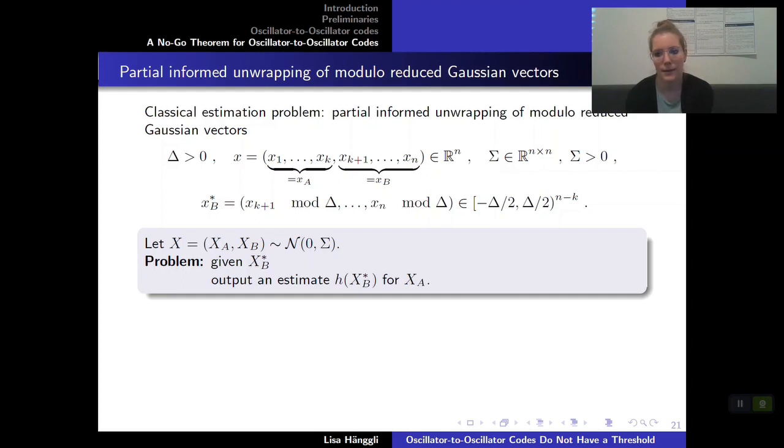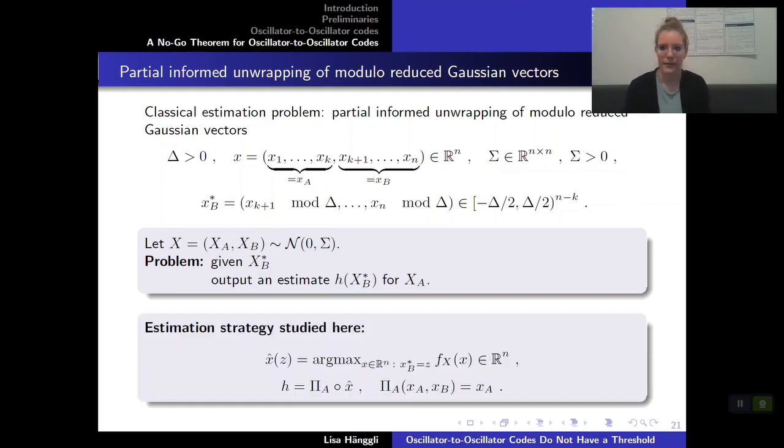And this is a variant of the well-studied classical problem, which is called informed unwrapping of modulo reduced Gaussian vectors, which aims to reconstruct a random Gaussian vector from its modulo reduced version. And here the informed just corresponds to the decoder knowing the covariance matrix sigma.